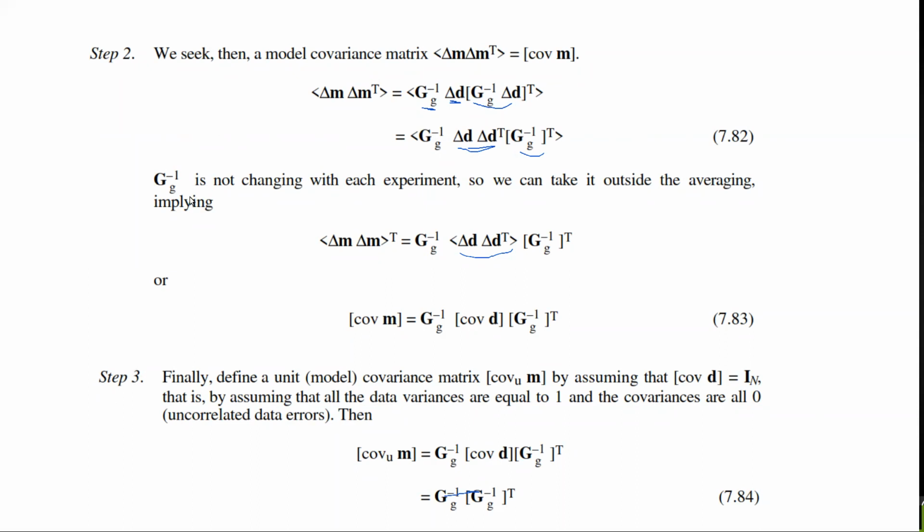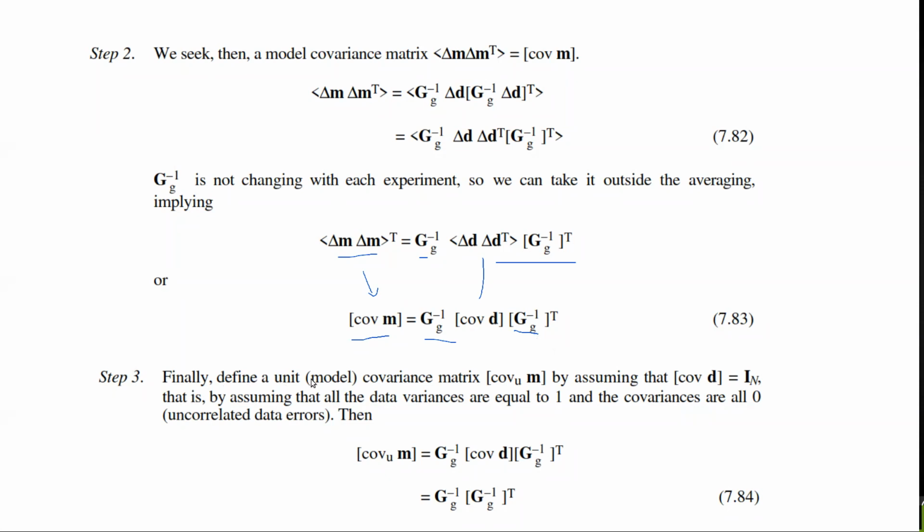Okay. So it's given by that, and we know that this is the model covariance matrix, and this is given by the data covariance matrix, and then the generalized inverse and the generalized inverse transpose.